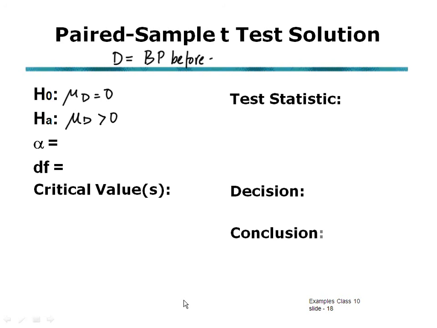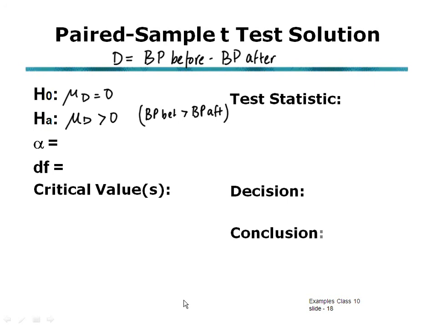If our mean difference is bigger than naught, it means that the blood pressure before is larger than the blood pressure after on average. That would be the outcome if we're showing that the mean difference is bigger than naught.